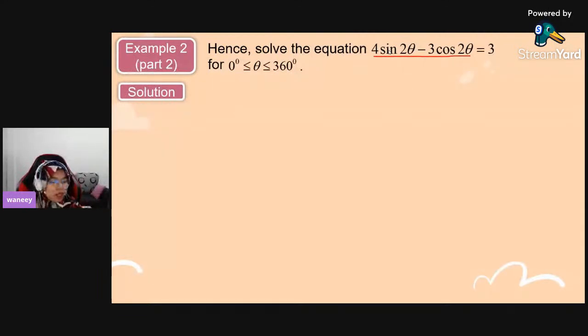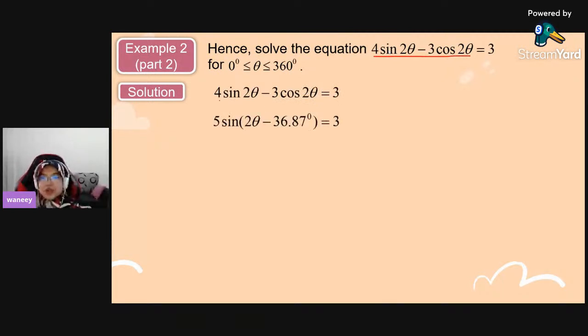Okay, so now let me write down again what is 4 sine 2 theta minus 3 cos 2 theta is. Okay, so 4 sine 2 theta minus 3 cos 2 theta equal to 3. And then from the answer previously in part 1, I know that 4 sine 2 theta minus 3 cos 2 theta is simply equal to 5 sine 2 theta minus 36.87 degree.